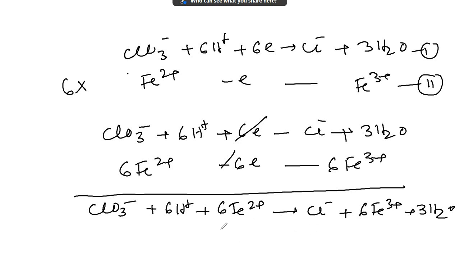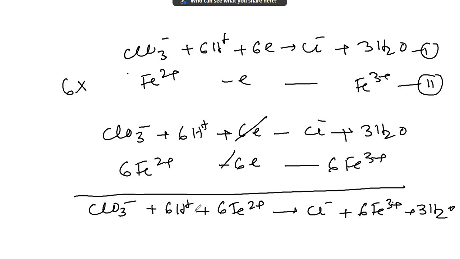Iron is 6, hydrogen is 6, so all the atoms are balanced. Now look at the charge. 6 Fe, each having 2 plus, gives 12 plus, and 6 plus, so 18 plus, minus 1, 17 plus. On the right, 6 into 3 is 18 plus, minus 1, 17 plus. So charge and atoms, everything is balanced, so it is a complete balancing by the ion electron method.